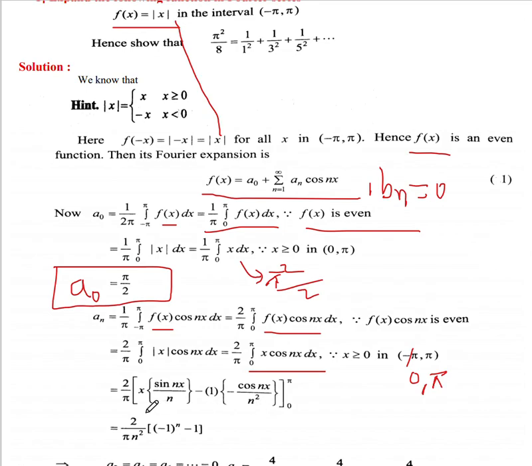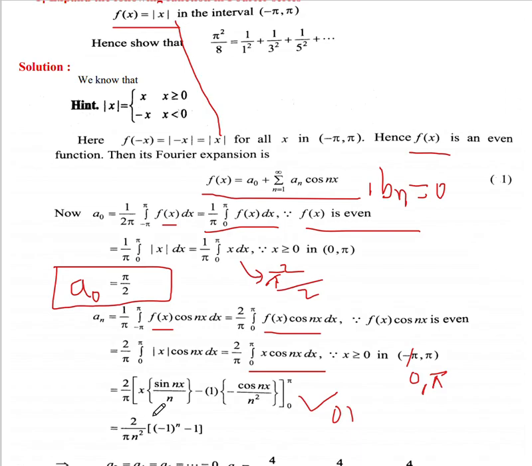The first function is x, the integration of the second function is sin nx divided by n. The derivative of the first function is 1, and the integration of the second function is minus cos nx divided by n. After the second step you will get these terms.